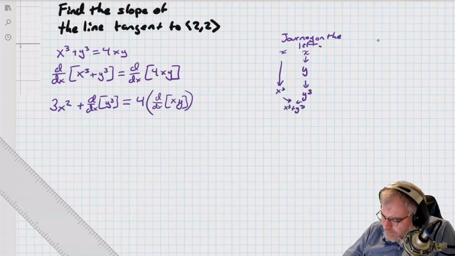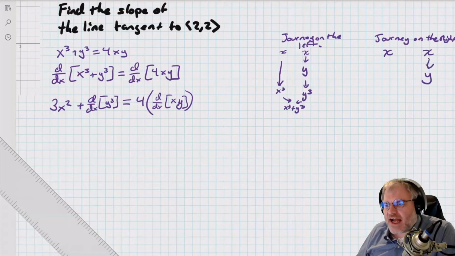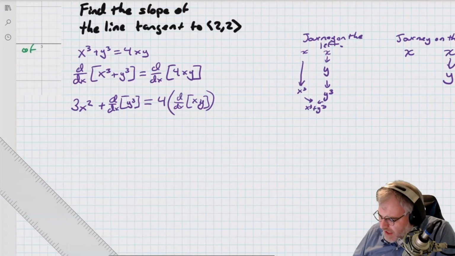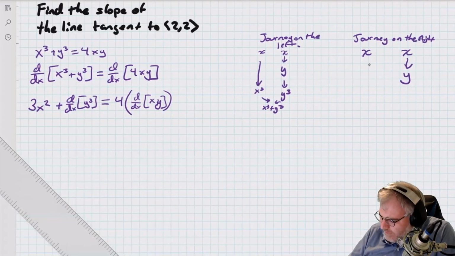Now on the right, I have an x, and I have an x, and one of these x's becomes a y. I don't know how. It just does. And what else is going on here? I've got a 4 happening here, but I'm shoving x and y together.